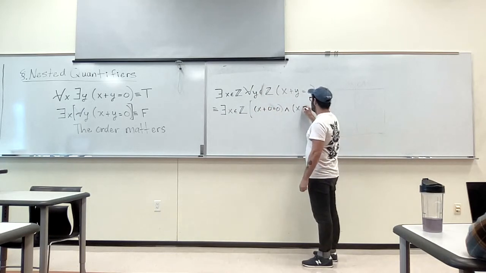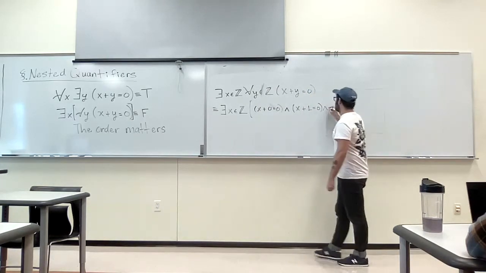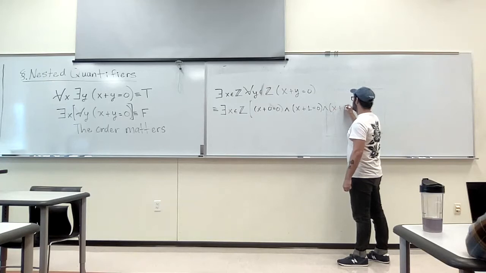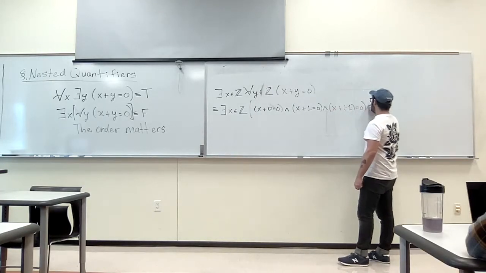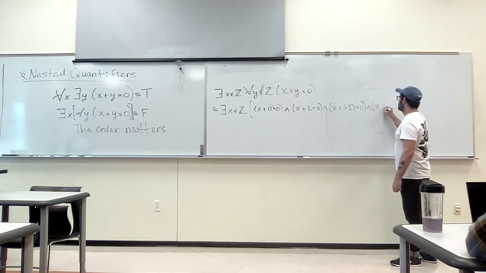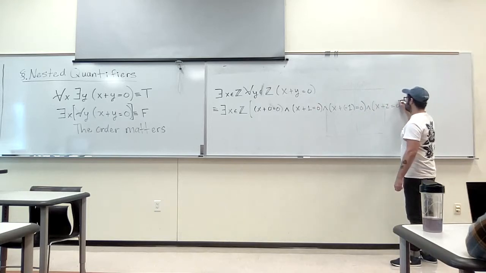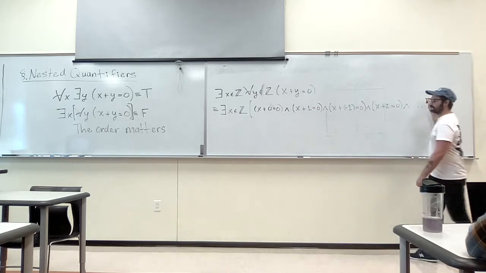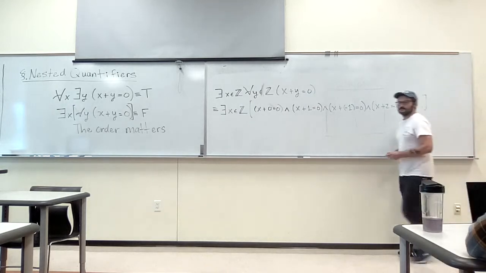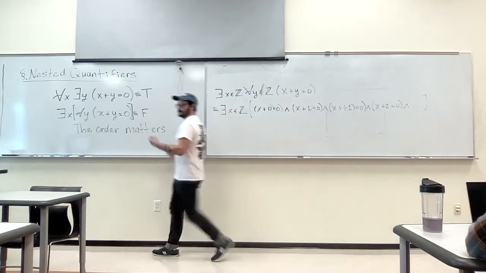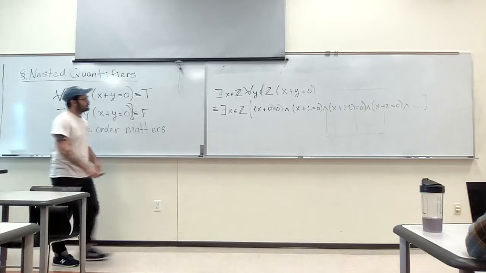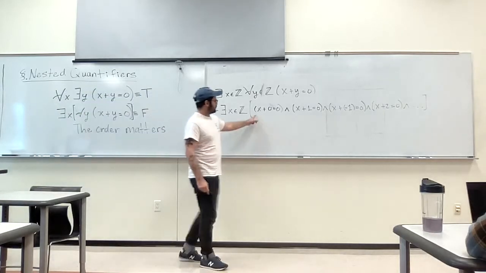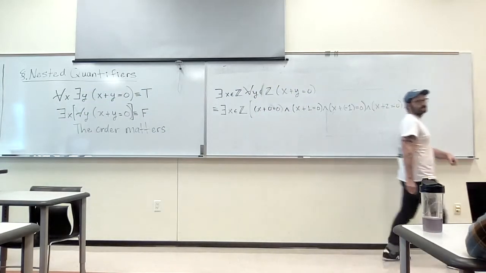So what's another one? So that's like a single variable predicate, right? So this string goes on for all of the integers.